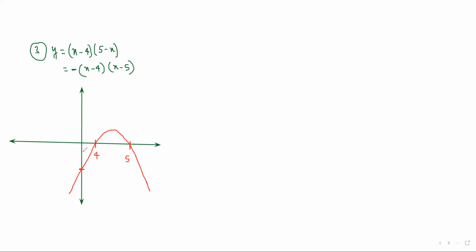C will be 0 comma minus 20. And this is 9 by 2, and this is one by 4. I think clear to all. Got it?